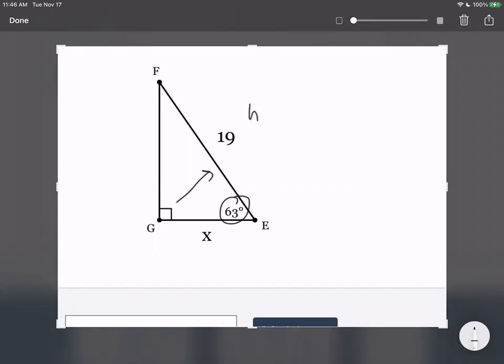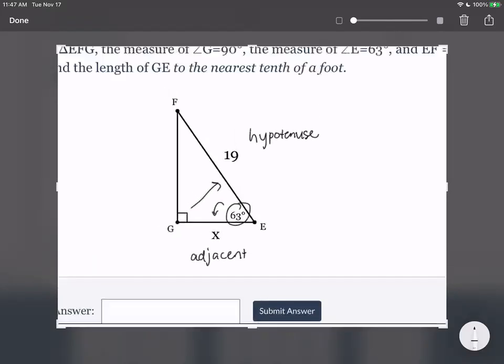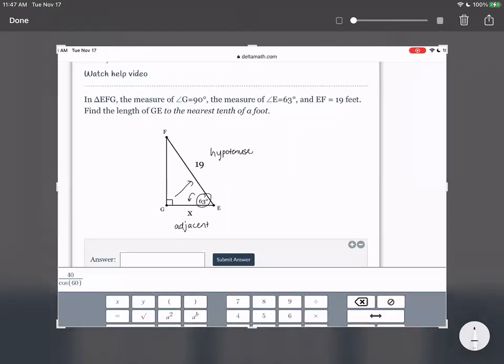Hypotenuse. Yes. And what side is right next to our reference angle? What is x? Adjacent. I don't know why they keep giving us adjacent and hypotenuse, but maybe I'll find another example soon.